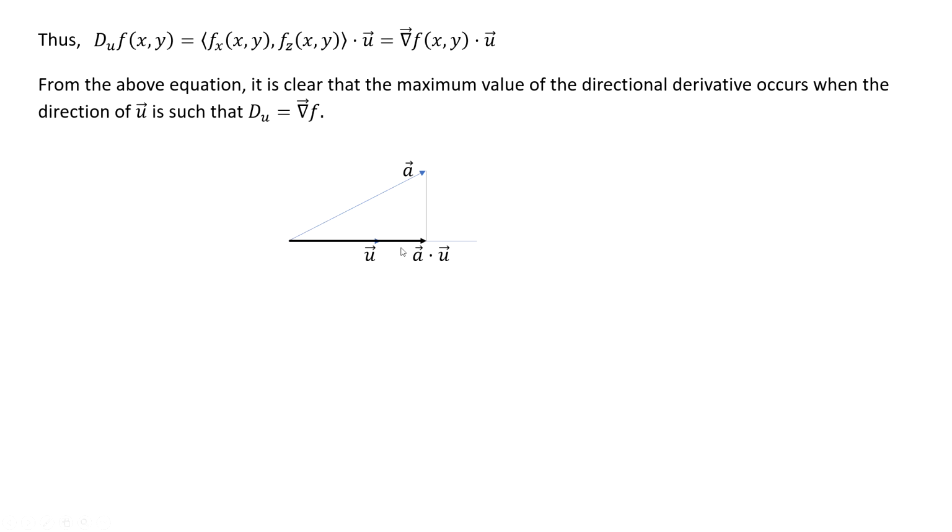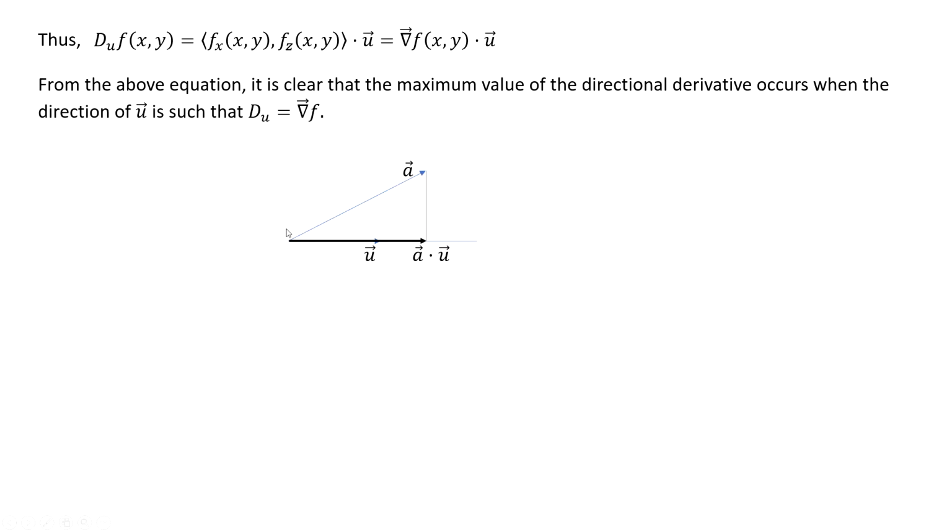That is what a dot u is. That vector, I shouldn't have made it into a vector. It's not a vector, it's a dot product. So it's just the magnitude, the length of this black arrow. Okay. And when would this be maximum? At this time, would you agree a dot u is actually smaller than a?